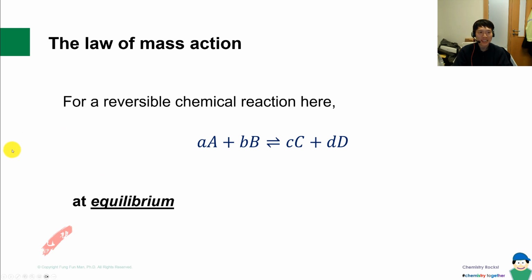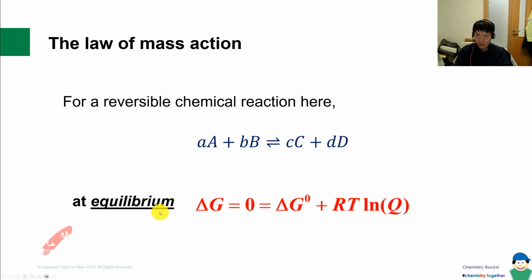Now take a look here at this reversible reaction. How do we know it's at equilibrium? Because of this little arrow here. When it's reversible, going two-way, it is at equilibrium. The delta G is 0, okay, because we say it's equilibrium, and this is the formula.